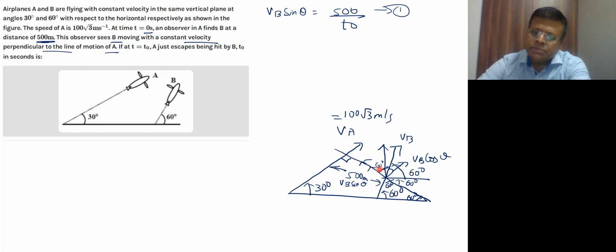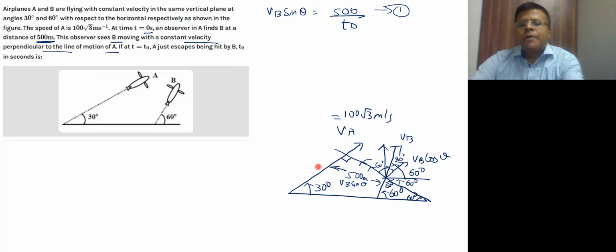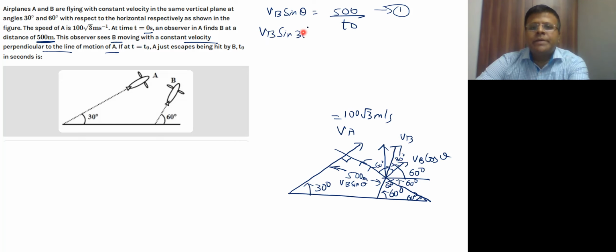So if this is 60, then because these two are at right angle, that means that this angle will be 30 degree. So we have found out the angle. So we can write here VB sine of 30 degree will be 500 divided by T naught.